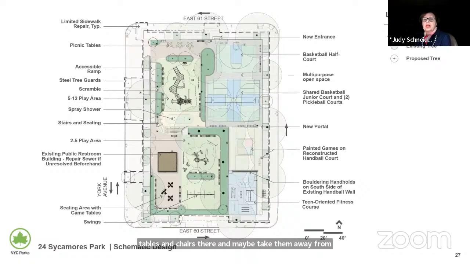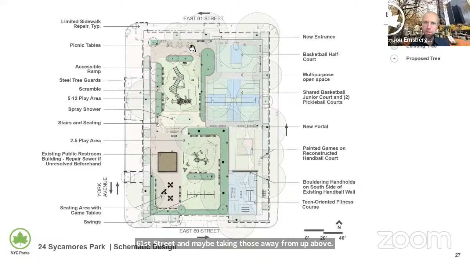We all know that any park that has more swings, they're always well used. So is there any chance of making more tables there at 61st Street and maybe taking those away from up above?